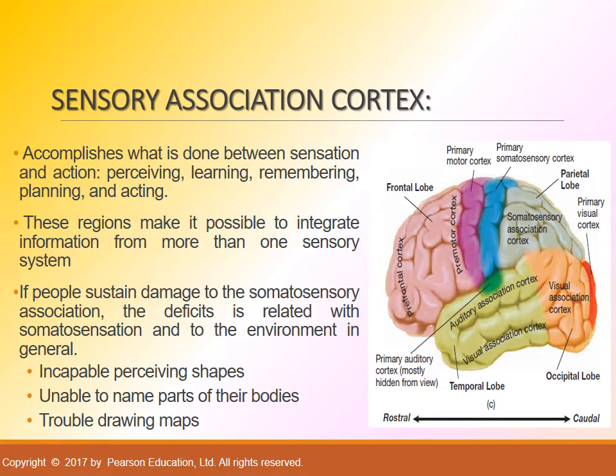If a brain injury occurs, for example, if people sustain damage to the somatosensory association cortex, the impairments are strongly related to somatosensation and to the environment in general.